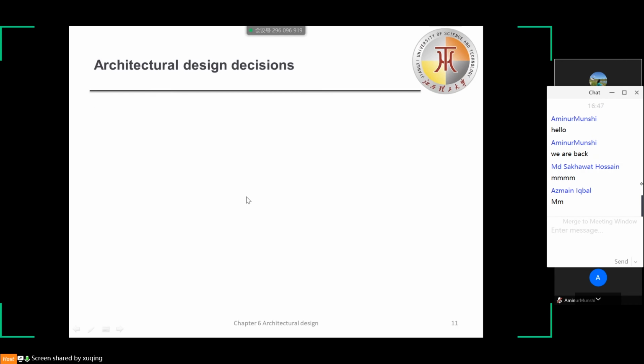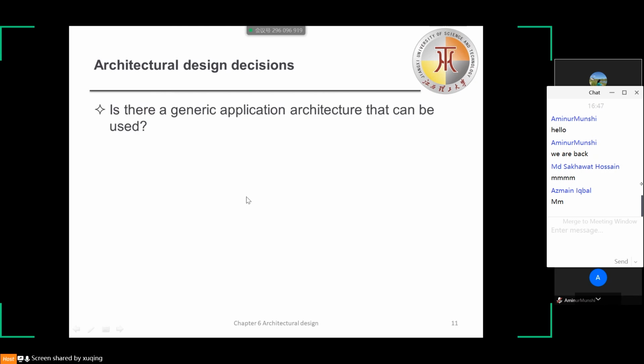In fact, during the architectural design process, system architects have to make a number of structural decisions. And these decisions will profoundly affect the system and its development process. Based on the knowledge and experience of architects, they have to consider several fundamental questions about the system.